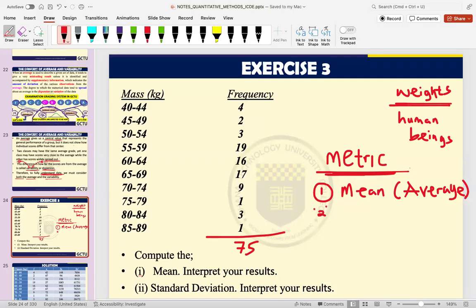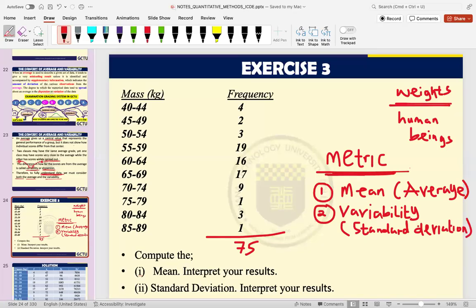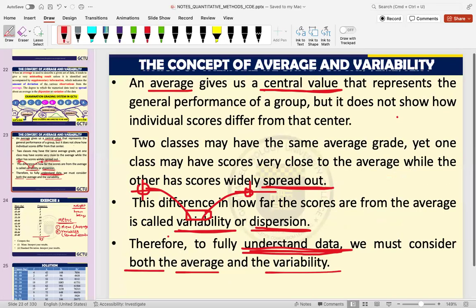And then the second thing you need to measure is the variability, because the average cannot be static. It has to move. So you measure the variability. One of the simple tools that is used to measure the variability is the standard deviation. When you are asked to find the average and the standard deviation, all they are seeking to do is, like I just showed you a few moments ago, to understand the data.